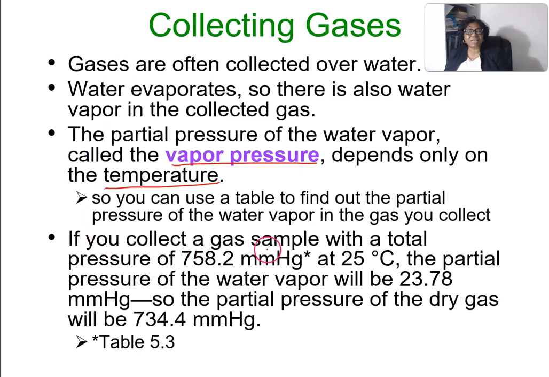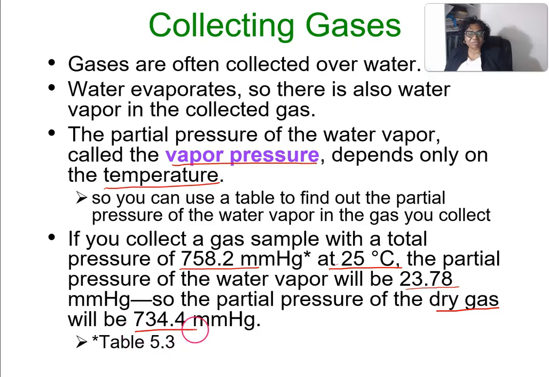So if you collect a gas sample with a total pressure of 758.2 millimeters mercury at 25 degrees Celsius, the partial pressure of the water vapor will be 23.78 millimeters mercury. So the partial pressure of the dry gas itself will be this total amount, 758.2 millimeters mercury minus 23.78 millimeters mercury.